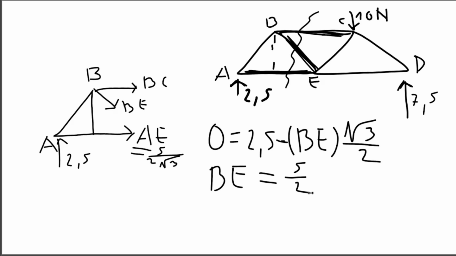And I'm going to multiply both sides by 2 over square root of 3. So we get this, 5 over square root of 3 should be BE. And so we got BE directly from this equation.